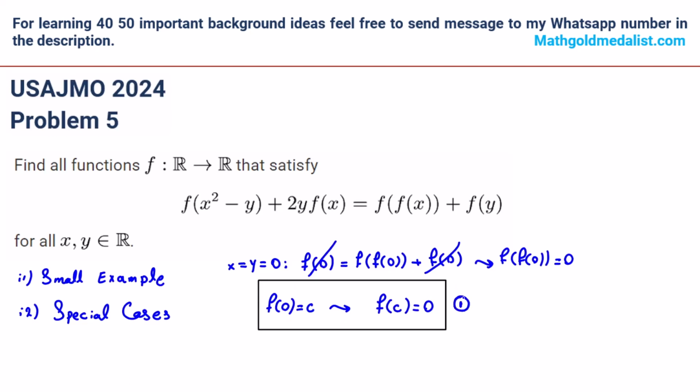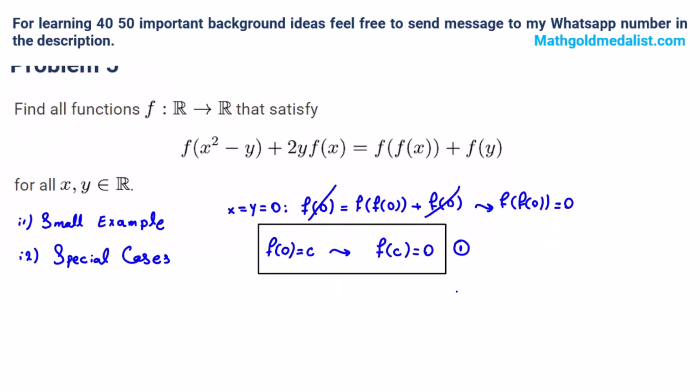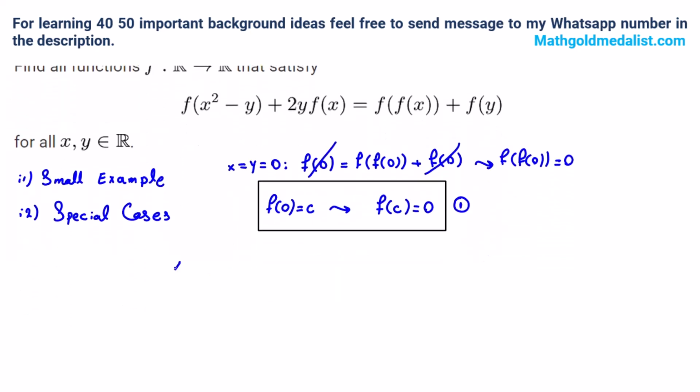It's the first one. Now, let's consider only x is equal to 0. Then it would be what? f of -y plus 2y f of 0 is equal to f of 0, which we said is equal to 0, plus f of y.